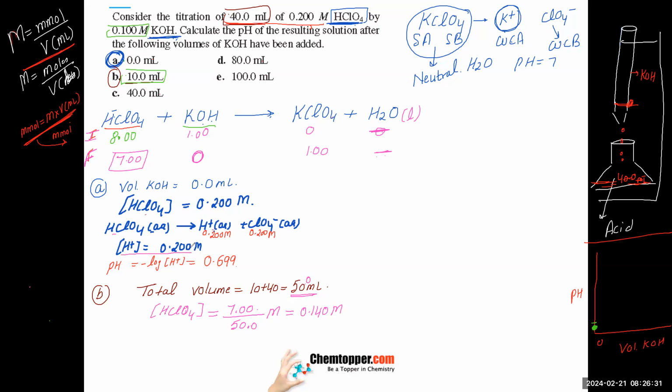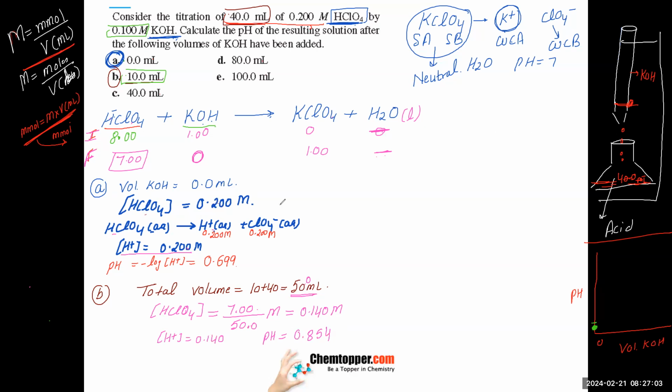Concentration of H plus is going to be the same as HClO4, 0.140. What's the pH? Get the pH. pH is negative log of concentration of H plus. You know the definition already. So it is 0.854.